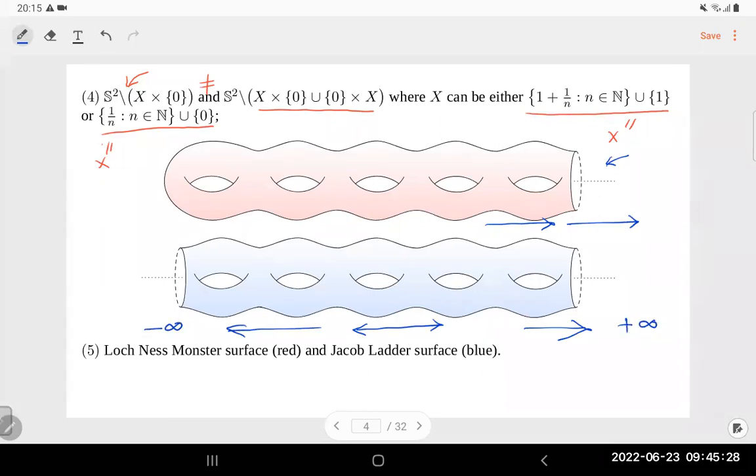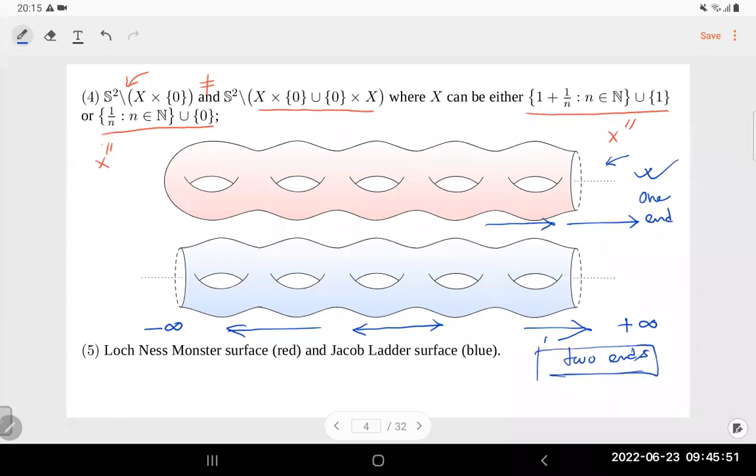So the blue one has exactly 2 ends, roughly, and the red one has exactly one end. If they were homeomorphic, then the number of ends would be the same, but here there is exactly one end, and here 2 ends.